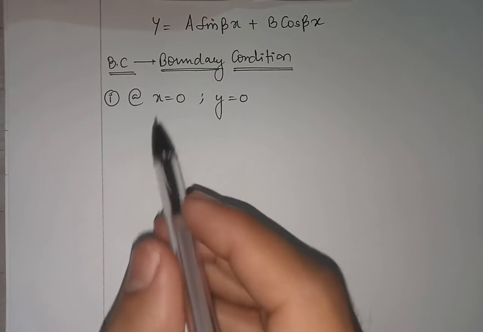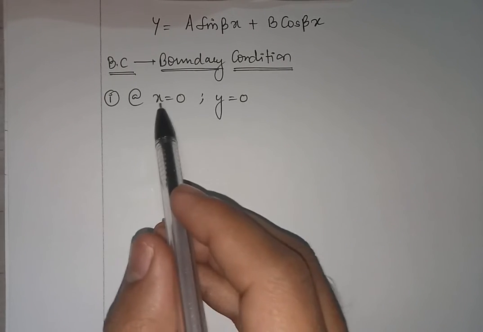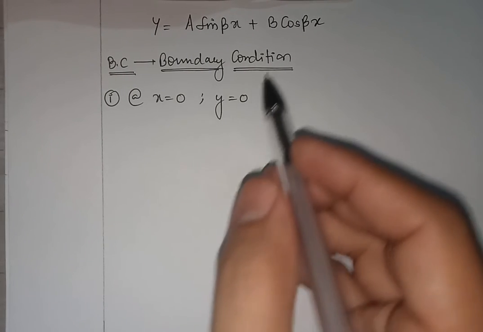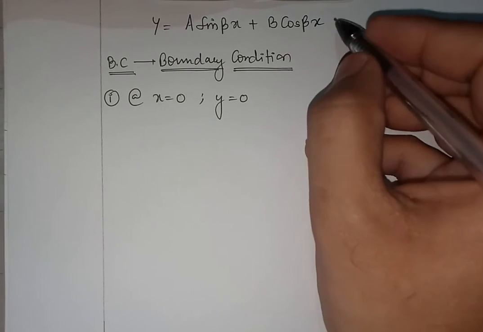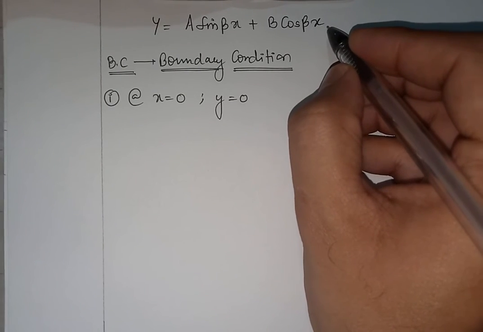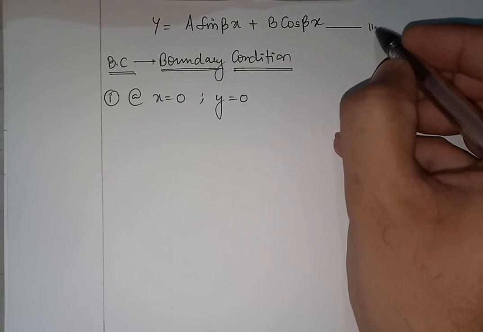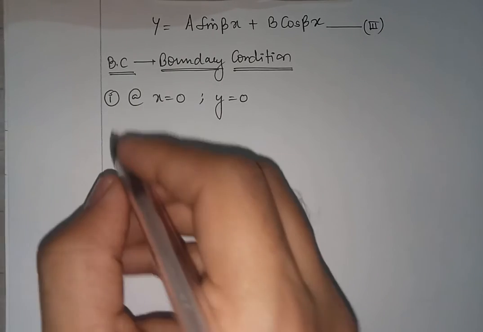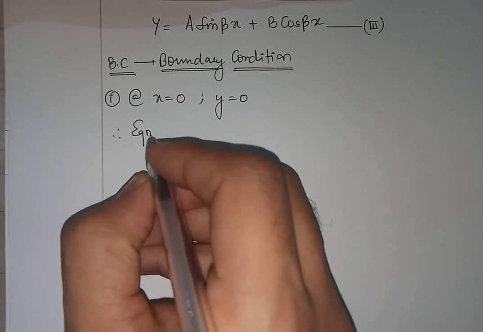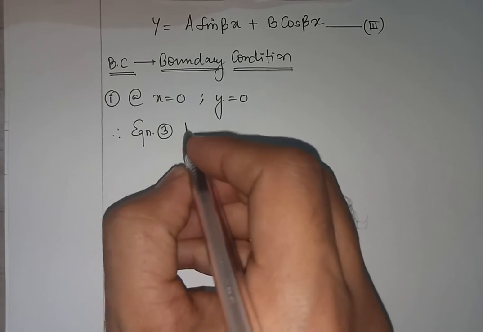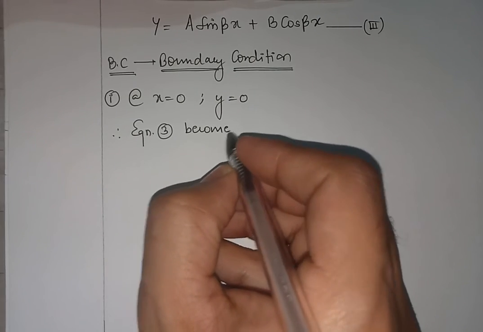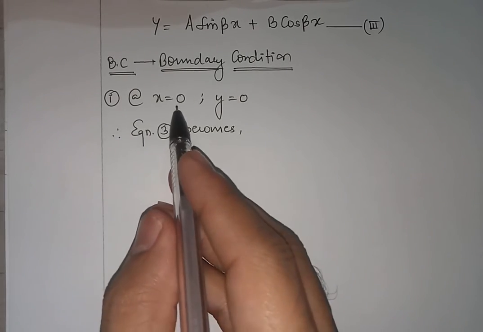Okay. Now this is my boundary condition. So this boundary condition, you please put it in this, let us say I'll call it equation 3. So therefore equation 3 becomes: x is 0, y is 0.